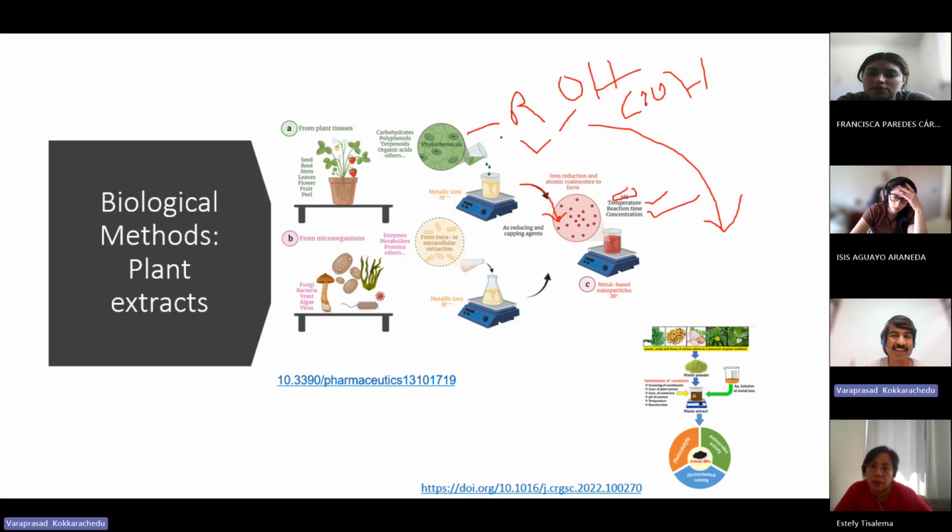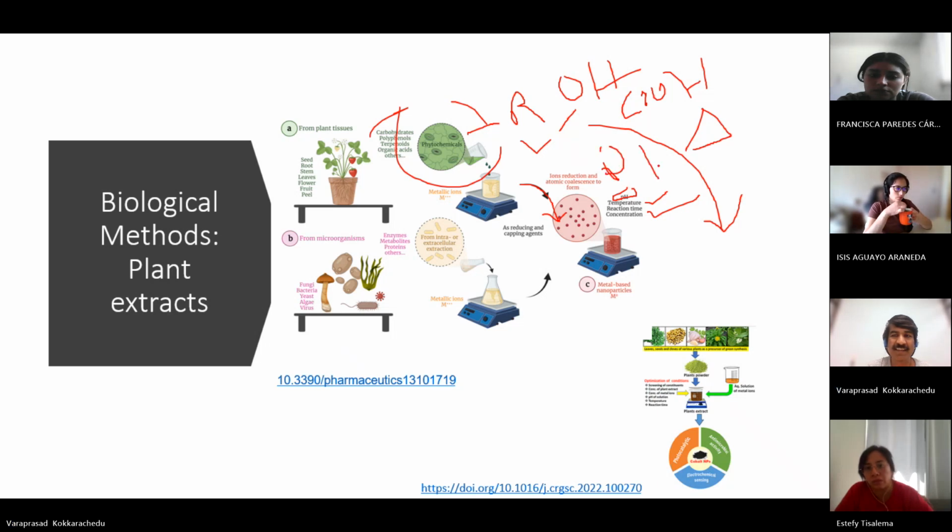If they have very few functional groups, the reaction time will increase. So sometimes when you do the reaction, we can apply heat, or we can adjust the pH.